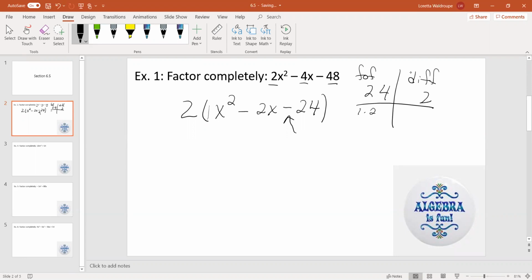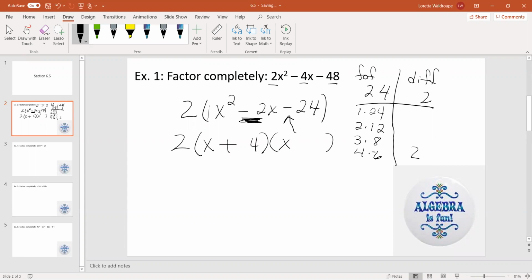Well, 1 times 24 doesn't subtract to give me 2. 2 times 12, no. 3 times 8, no. 4 times 6, hey, that'll subtract and give me 2. But since I want a -2, my bigger number has to be negative. And since it's a 1, I can go directly to my 2 parentheses. X and X, and here I have a +4 and a -6.